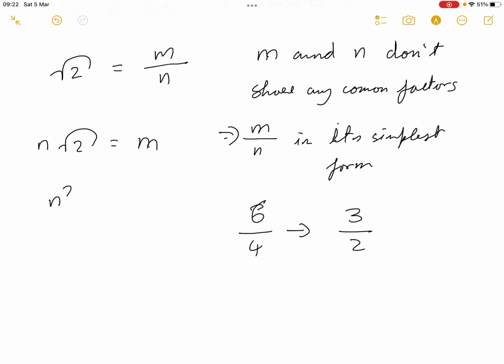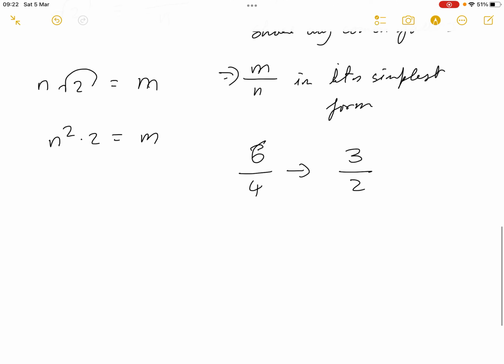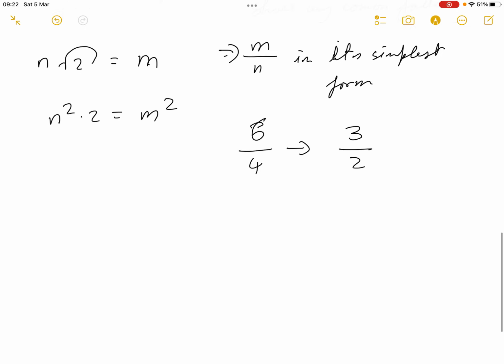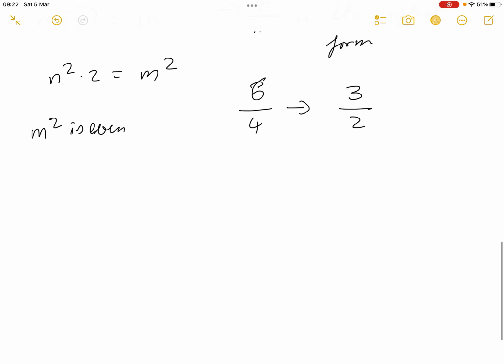We get n squared times 2 is equal to m squared. But that means that m squared is even. Okay, m squared is even. But if m squared is even, that means that m is even.